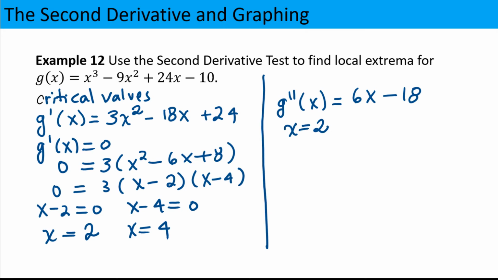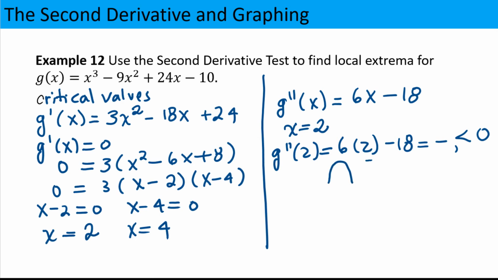At x equals 2, g double prime at 2 is equal to 6 times 2 minus 18. 12 minus 18 is a negative number, and a negative number is less than 0. If the second derivative is negative, then it is concave down, and so the most extreme point is a maximum.